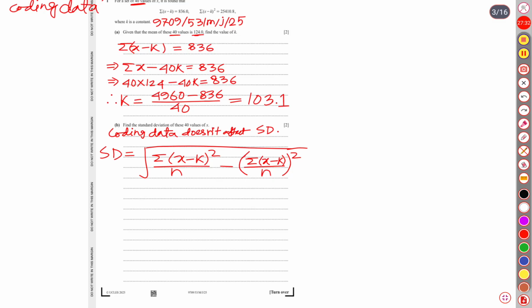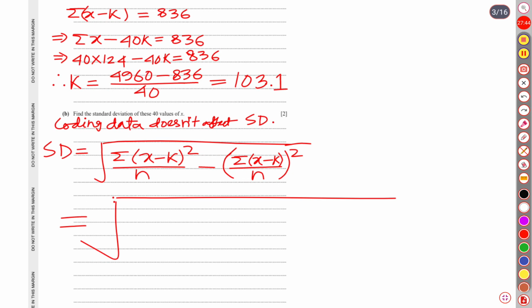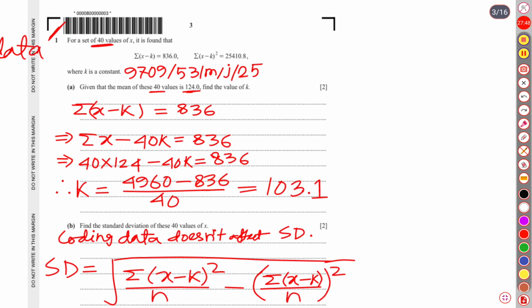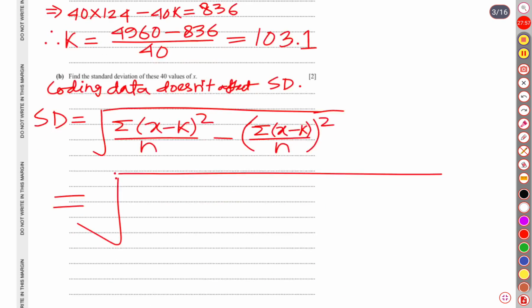Hence, if we substitute the values, the sum of (x minus k) whole squared is 25410.8, and the total number is 40. Already we have found this.